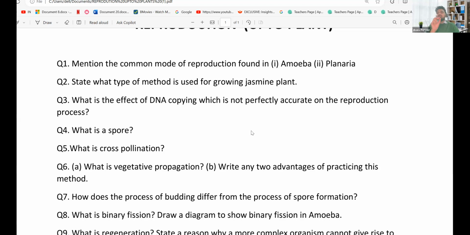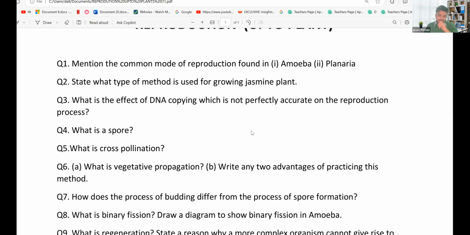Yes, the transfer of pollen grain from anther to stigma of a different flower. Jobita, it is mentioned: of the same plant or a different plant? It should be different plants.